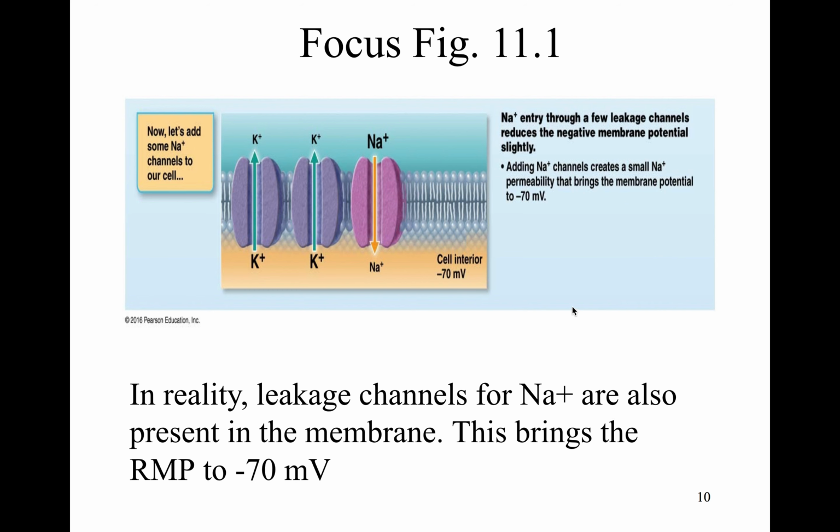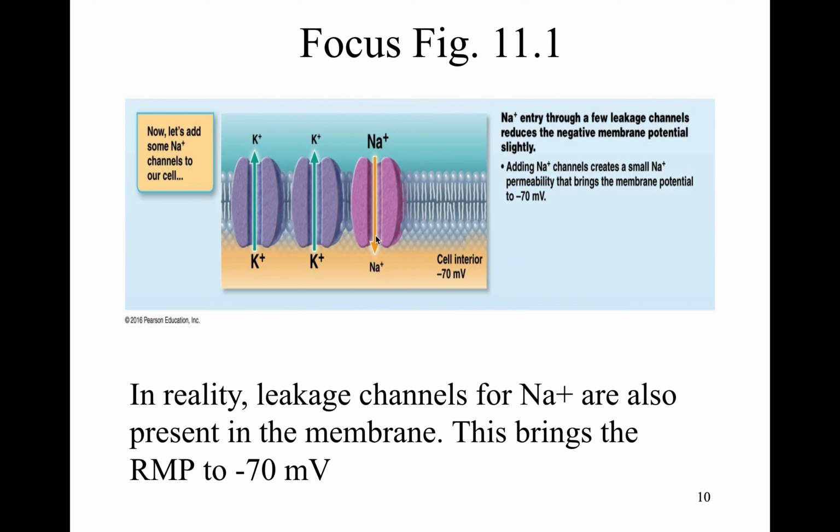In reality, we also have leakage channels for sodium. Sodium's concentration is higher outside of the cell compared to inside of the cell. So therefore, there's a concentration gradient for sodium to want to enter the cell. So we have sodium leakage channels in the neuron plasma membrane.